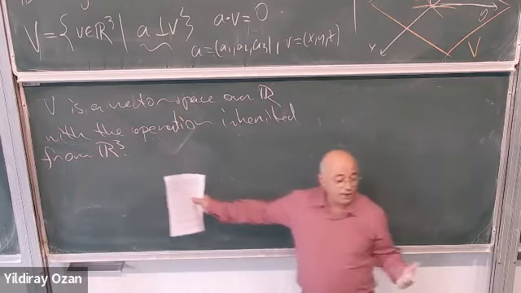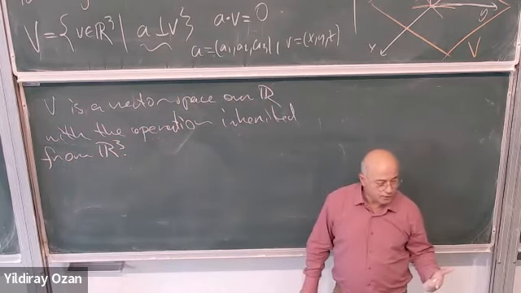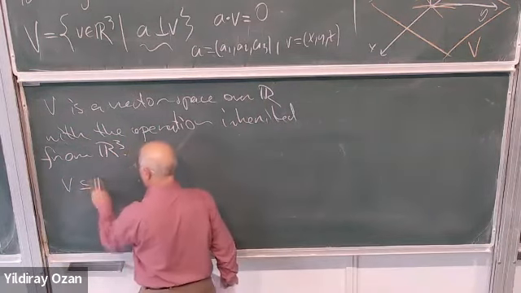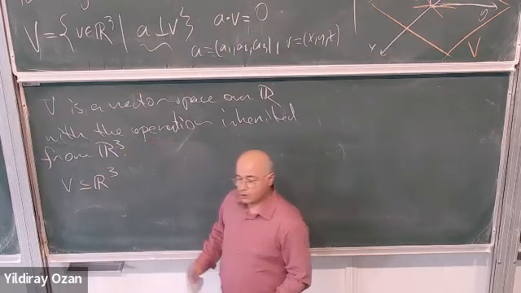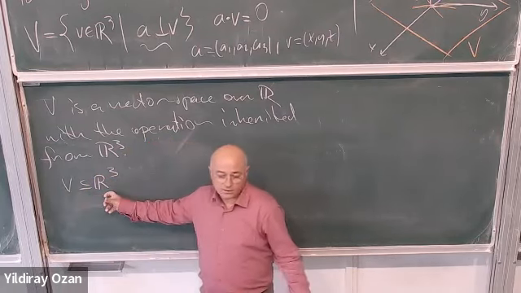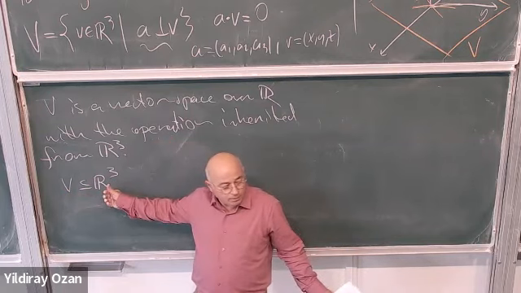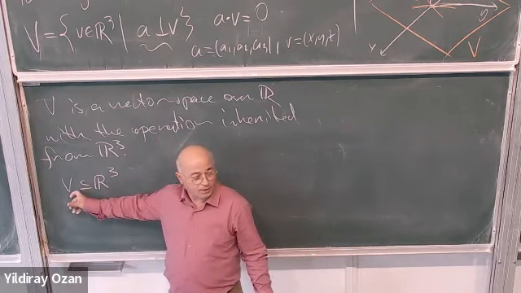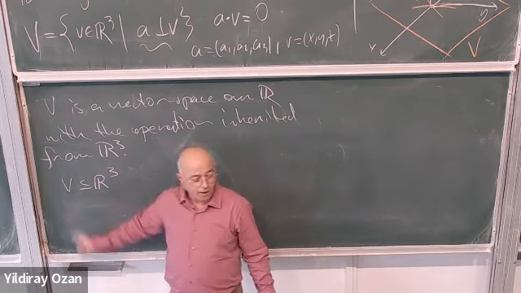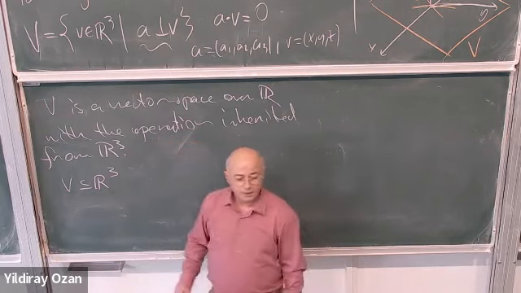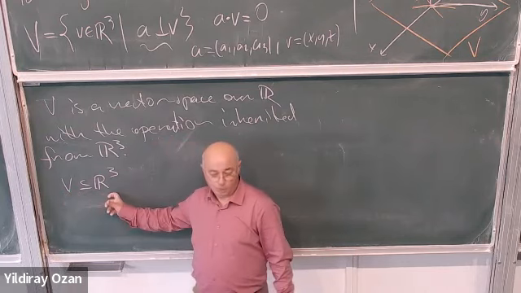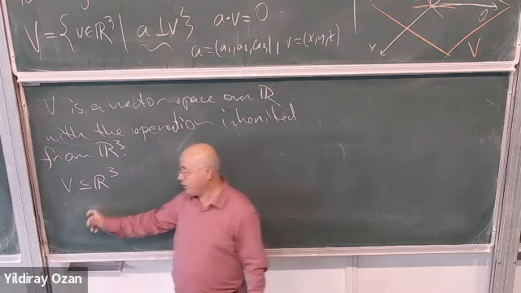We know that R3 is already a vector space over R, right? And V is a subset of R3. So if I take two vectors here, then they are vectors in R3 and I know how to add them up. If I take a vector in V, then it's a vector in R3 and I know how to multiply it with a scalar. But we should be careful that when I take two vectors here, the sum should be over here, right? Otherwise, that wouldn't be an operation on V.